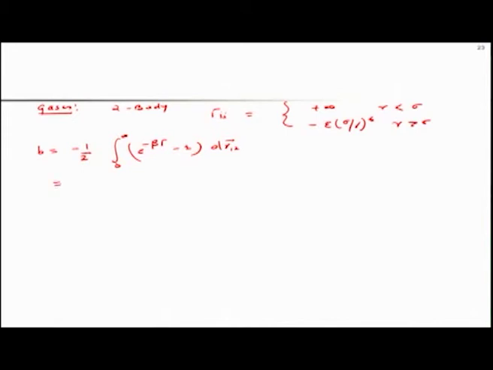And this I can simplify by splitting it into 0 to sigma, where we have already known this is nothing but minus 1, and sigma to infinity, 4 pi r square dr, of this term which is going to be exponential plus beta epsilon (sigma by r)^6 minus 1. Remember that beta is 1 by kT.